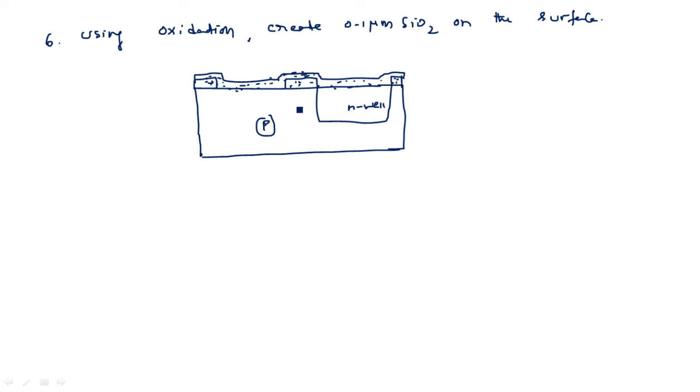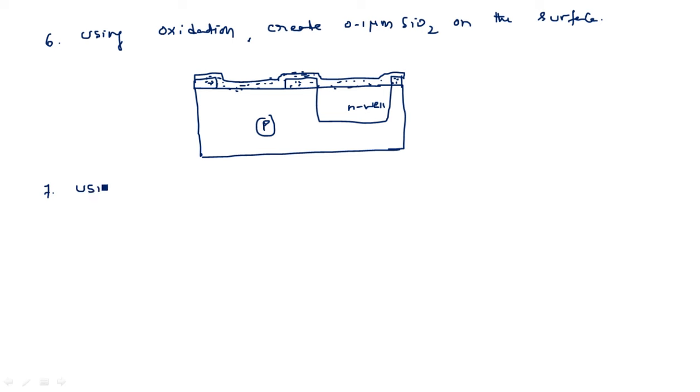Okay. Now in order to create the NMOS transistor here on the left hand side and the PMOS transistor on the right hand side, we need to have this 0.1 micrometer oxide only at the center, and before that we have to deposit a polysilicon layer using the process called chemical vapor deposition.